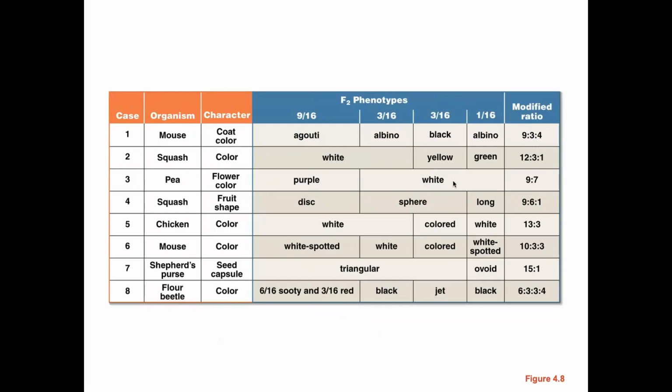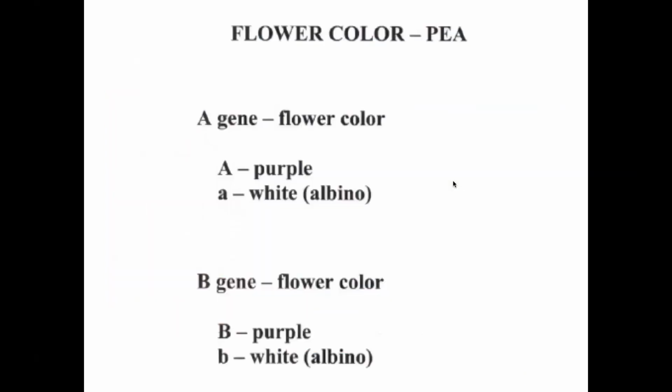Okay, so again, they looked at the 9 to 7. They said, well, that looks to be a variation of 9 to 3 to 3 to 1. If you combine the 3, 3, and 1 together, you get 7. So they proposed a model that incorporated and described a third type of epistatic interaction. Again, they defined 2 genes, the A gene and the B gene.